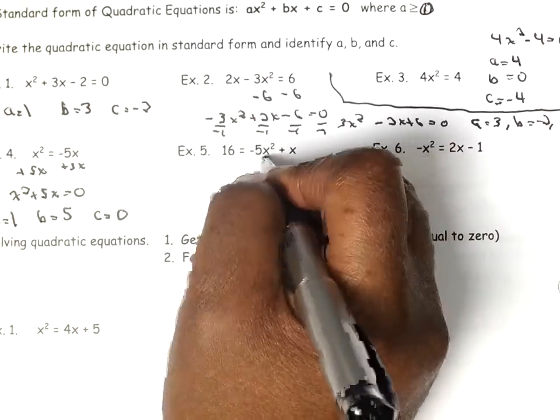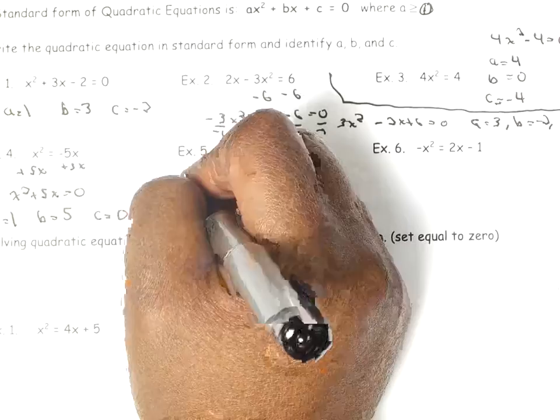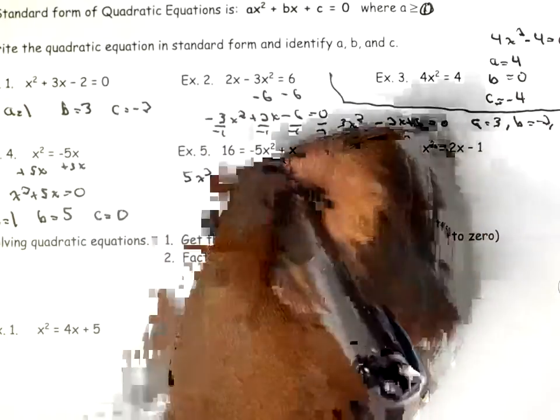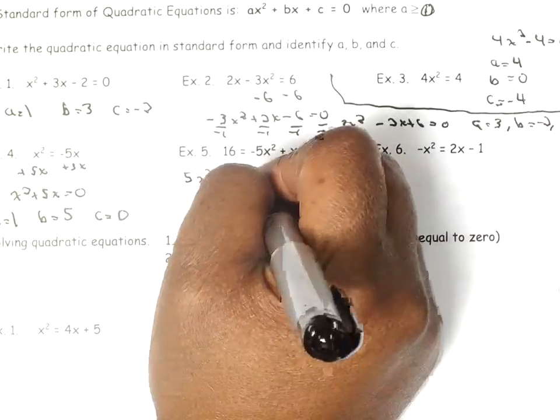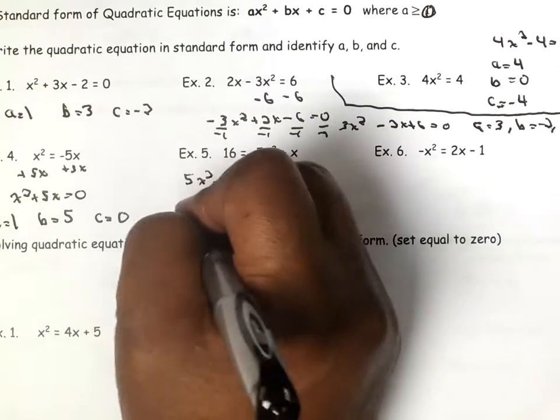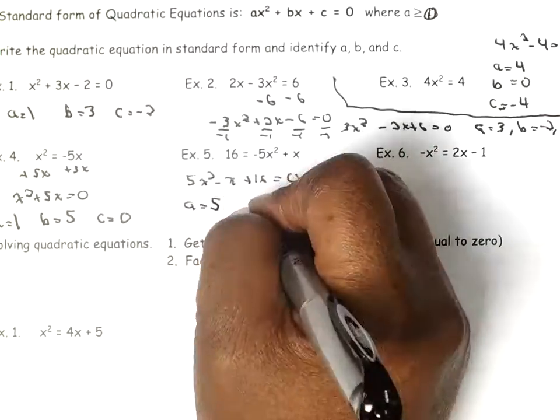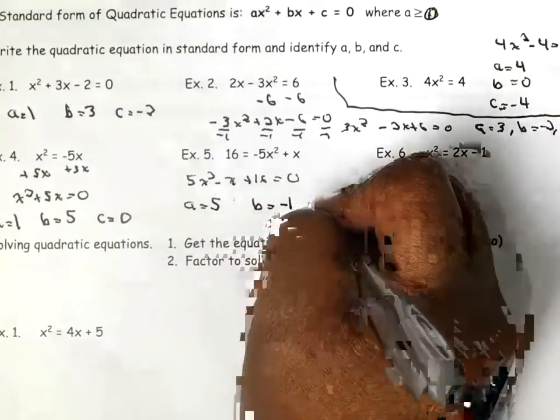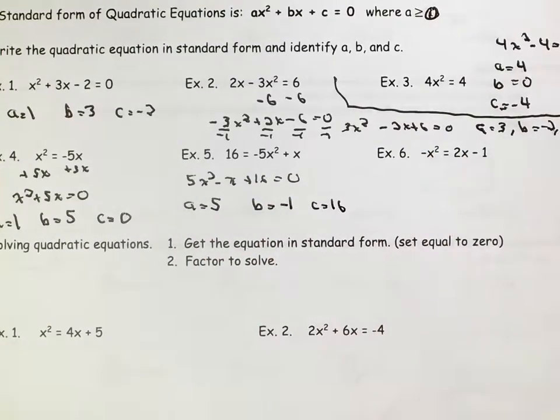Number 5, because this is negative, this time I'm going to move everything to the left. So I'm going to add 5x squared. I'm going to subtract x so I can get it set equal to 0. So my a term is 5, my b term is negative 1, and my c term is 16.